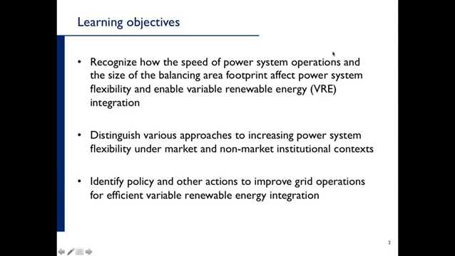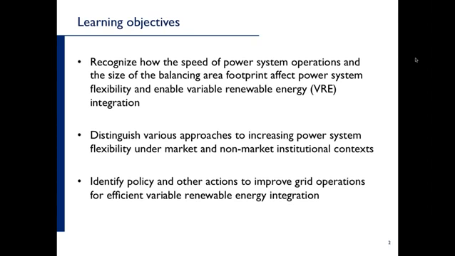We have several things that we'd like to talk about, and so I'll run through a couple of overview slides before we get started. The main focus of this webinar is to take a look at two different aspects of power system operation that can help with the efficient integration of renewable energy.